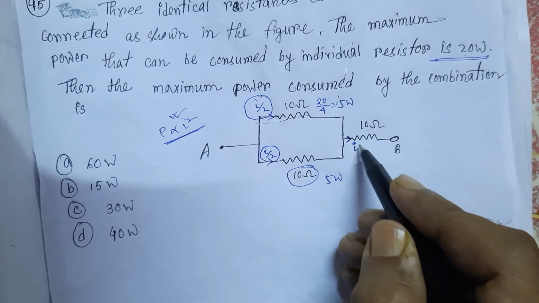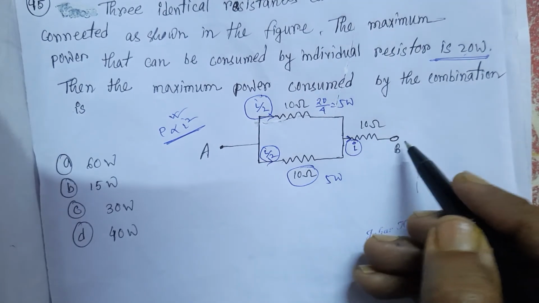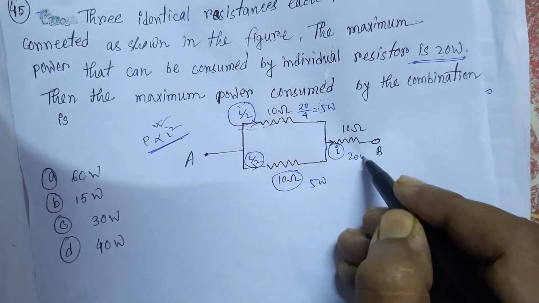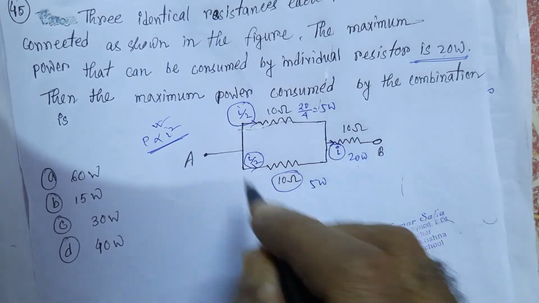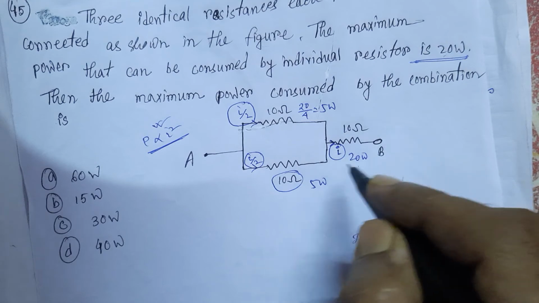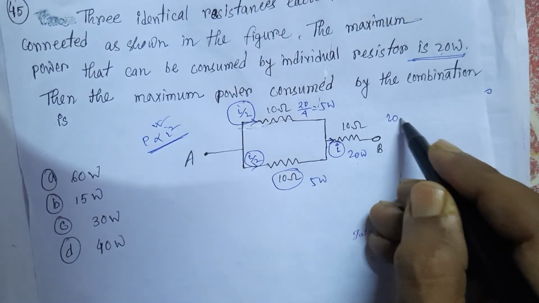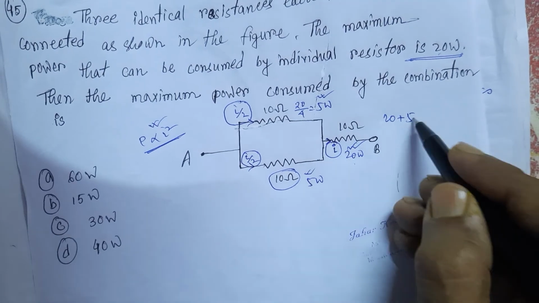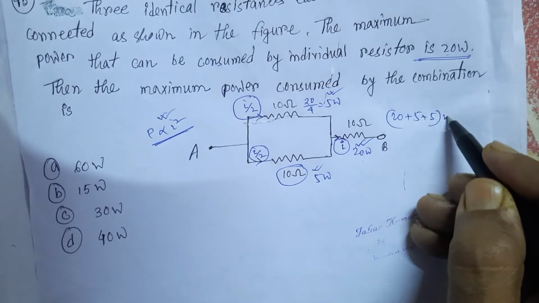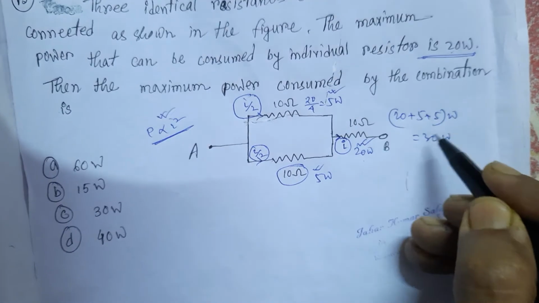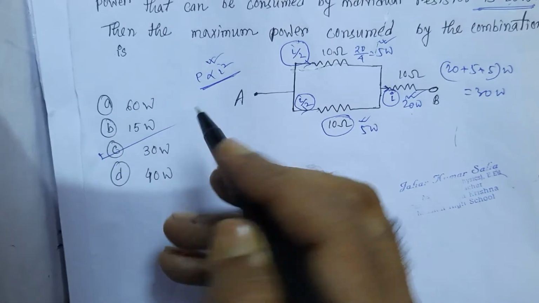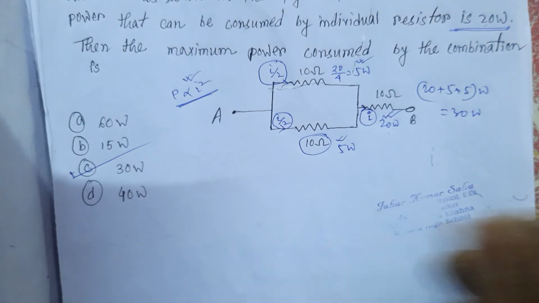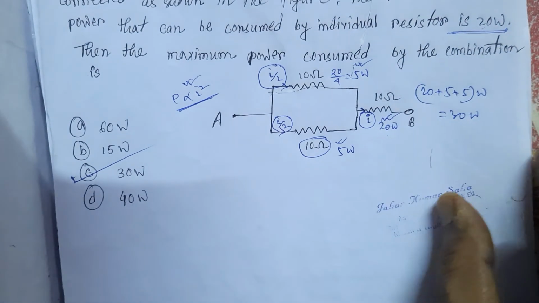And this resistor is taking all the current, and it will consume maximum power, that is 20 watts. So the total power used by the combination is 20 plus 5 plus 5 watt, that is 30 watt. So the correct choice is C, and that is the end of the descriptive type answers.